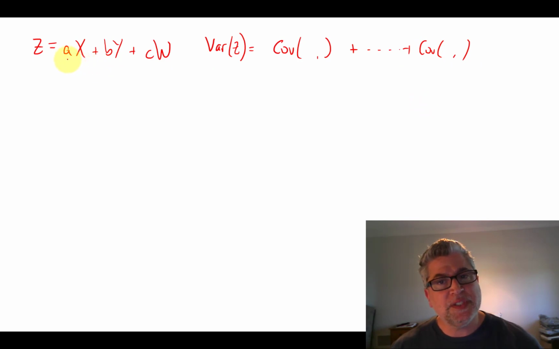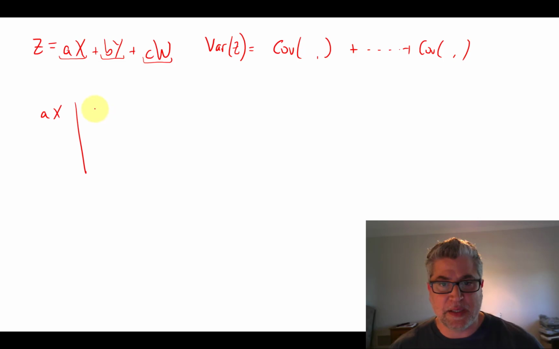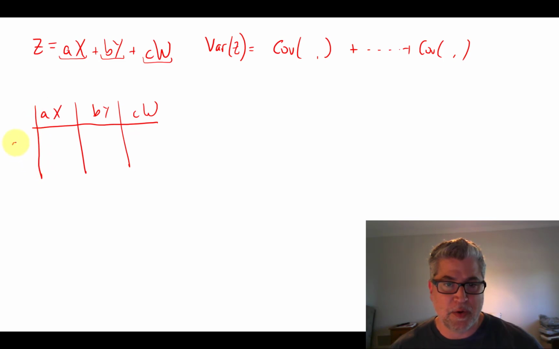In fact, what we're going to do is take every single one of these terms, these 3 terms, and mix and match them every conceivable way. So we have ax, let's make a little table, by, and cw. And here we have ax, by, and cw.